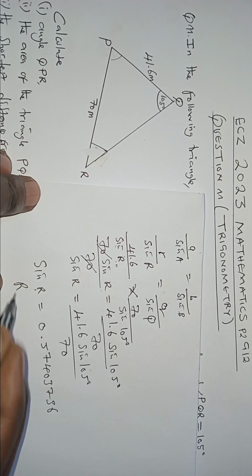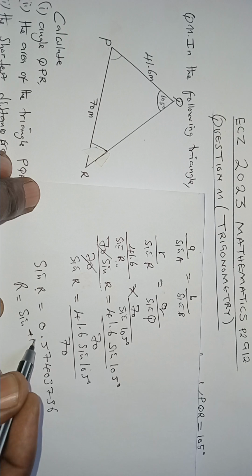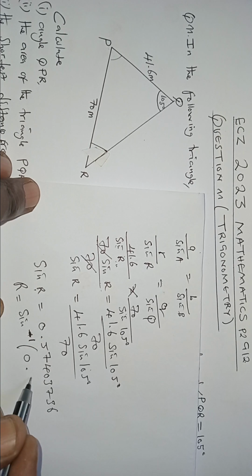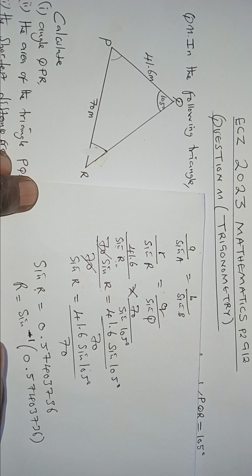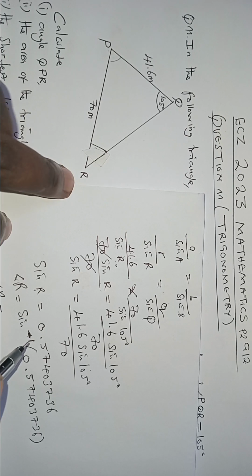So it will be R is equal to sine inverse of this very number, 0.57403736. Then R is equal to, so this R we understand it is representing the angle at this point.